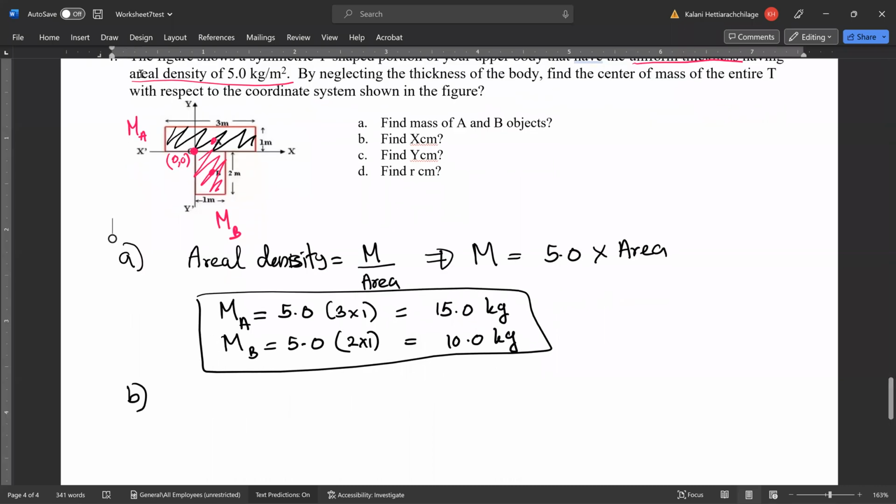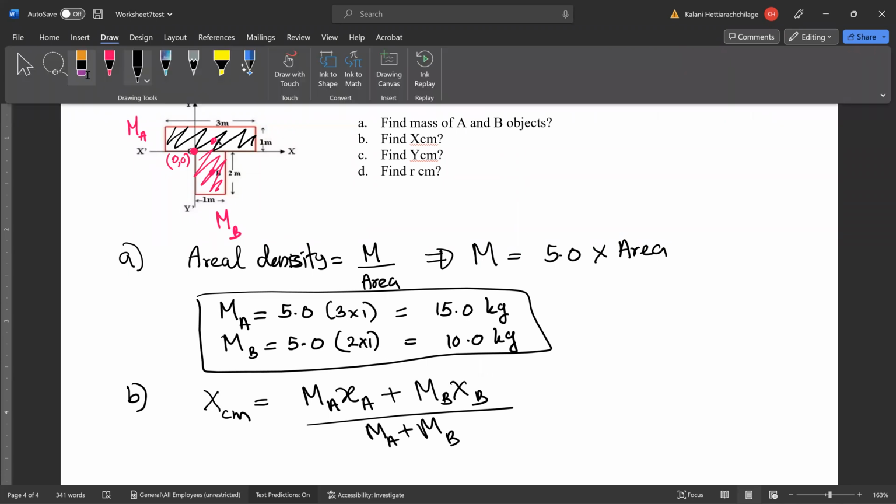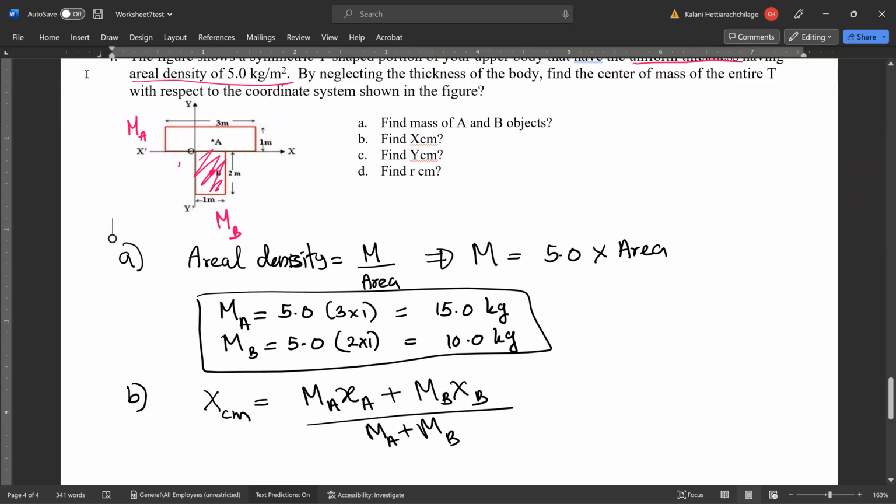For two objects, X center of mass will be, for the first object, I'm going to label it as MA, and distance to that object, XA, plus MB, XB, divided by MA plus MB, right? So now, do I know XA and XB? What do XA and XB mean? You need to find that from your drawing.